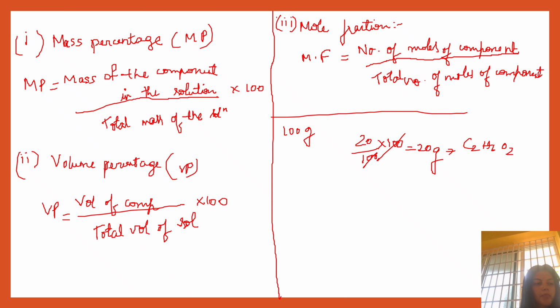Now, if 20 gram is C2H6O2, then what is the remaining 80 gram? That is water, H2O. Okay.